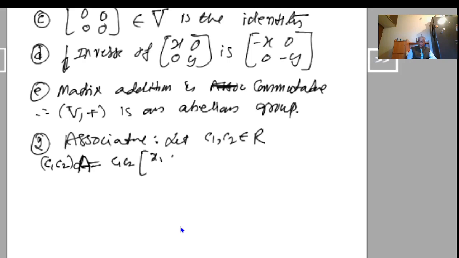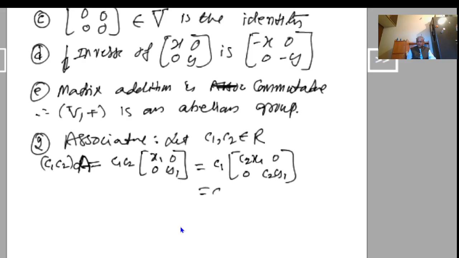A is [x1 0; 0 y1]. And in scalar multiplication, in any manner we can multiply this. This can be written as C1 into [C2 x1 0; 0 C2 y1]. So this is nothing but C1 into C2 A. Okay, the associative law is also satisfied.